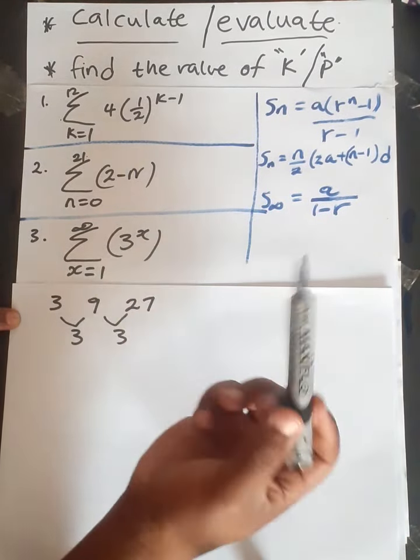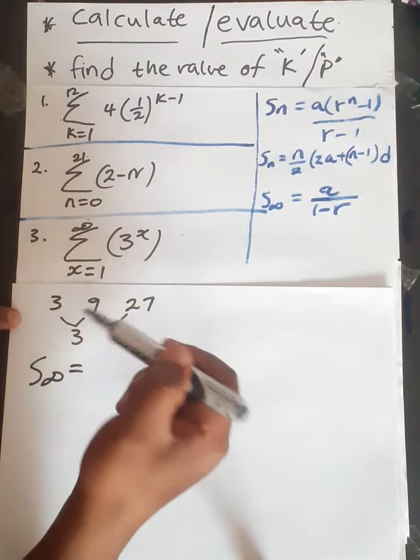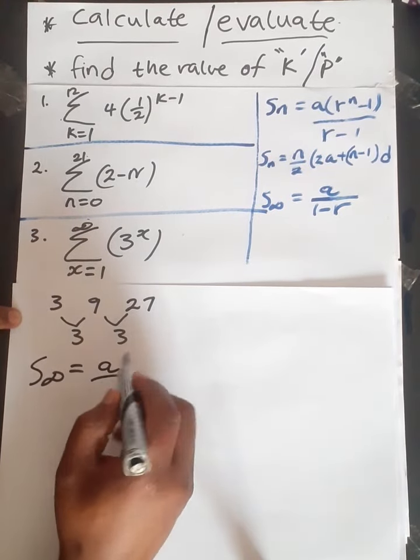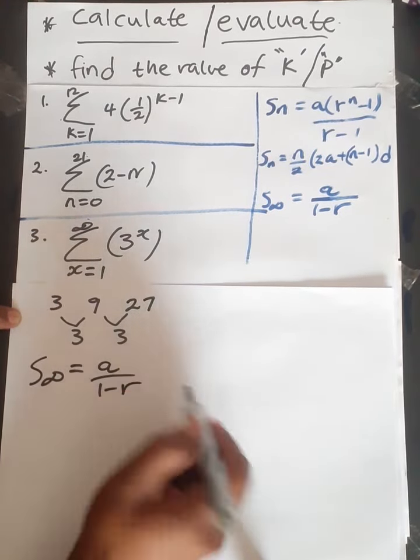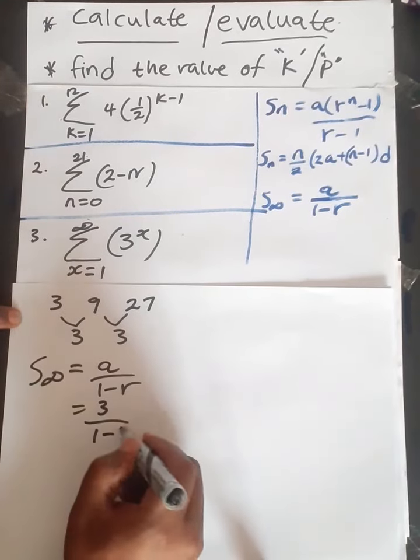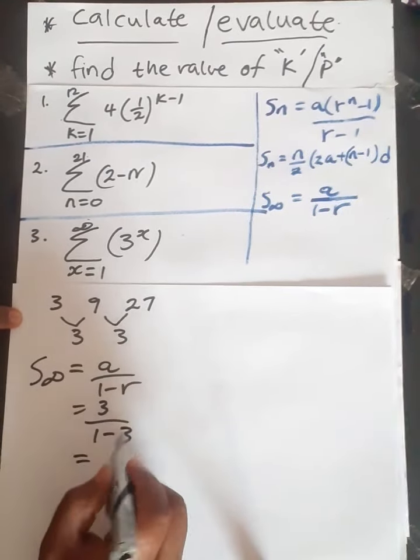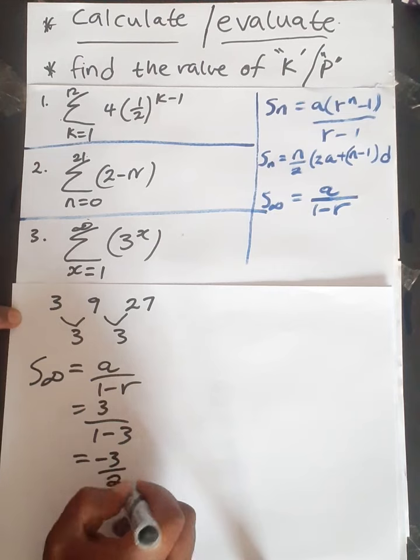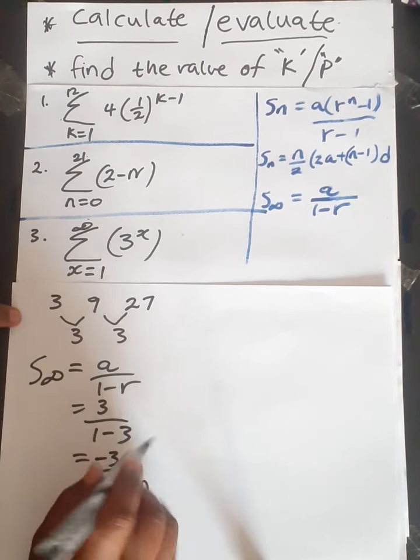So we use the sum to infinity, which is a over 1 minus r. a is the first term which is 3. 1 minus r, where r is the common ratio which is 3 here. So our answer here will be minus 3 over 2.